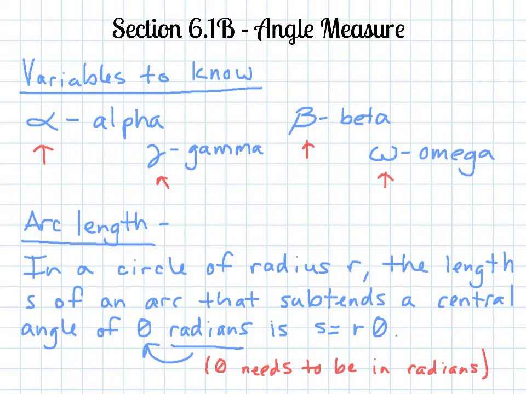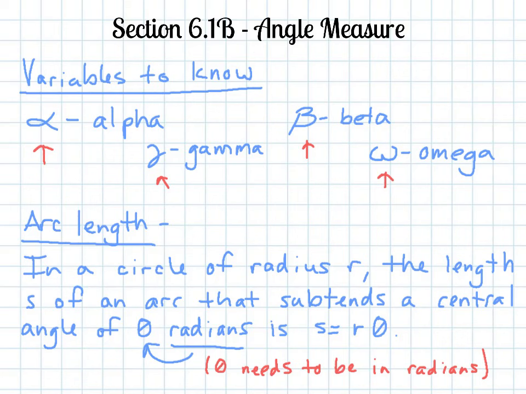These are the four variables that we'll use when talking about angles in trigonometry, especially if we were saying cosine of some angle. Sometimes you'll see x or t, but you'll also see alpha, beta, gamma, and omega.